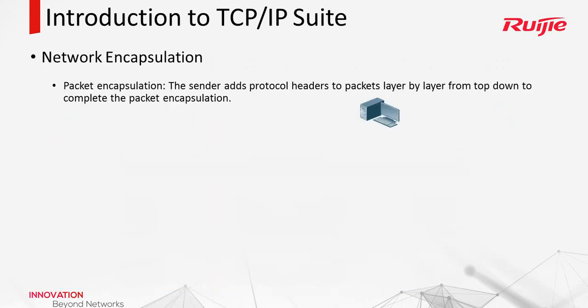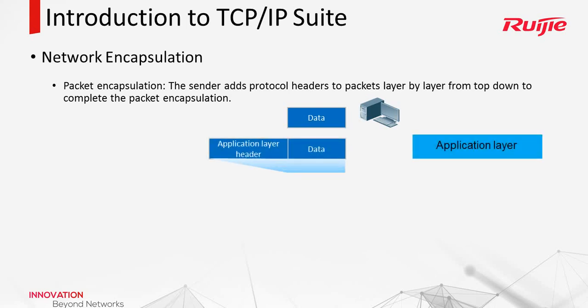Now, let us see a packet forwarding process. First, if we want to send information to other people, the computer will help us encapsulate the data. So first, you input some information. Now we call it data. Then the computer will send it to the application layer first. It will add an application layer header.